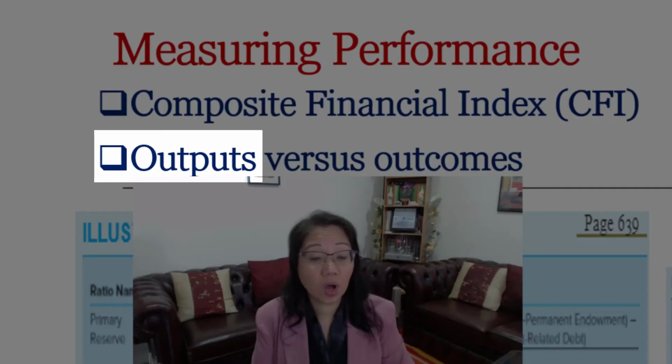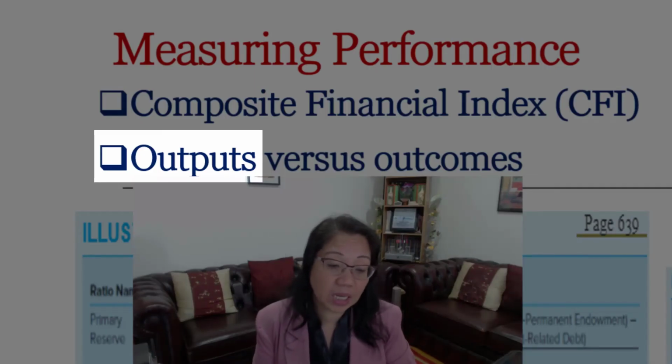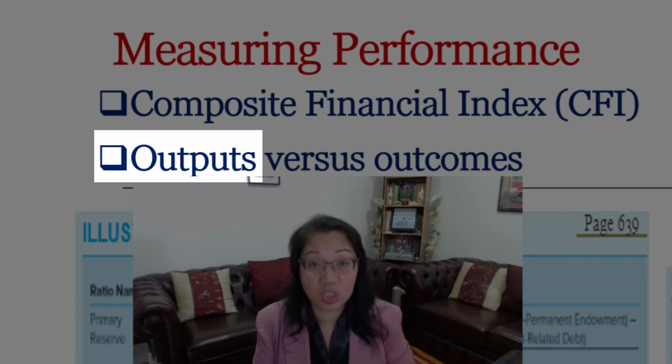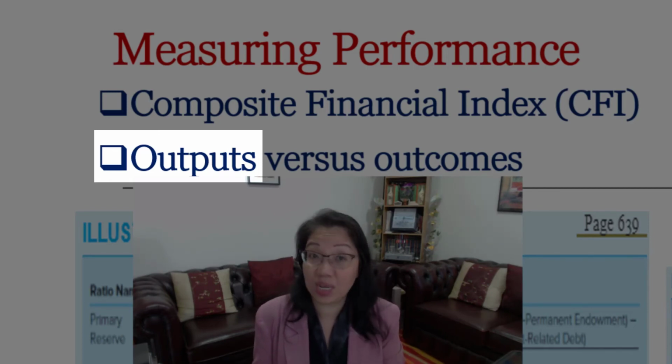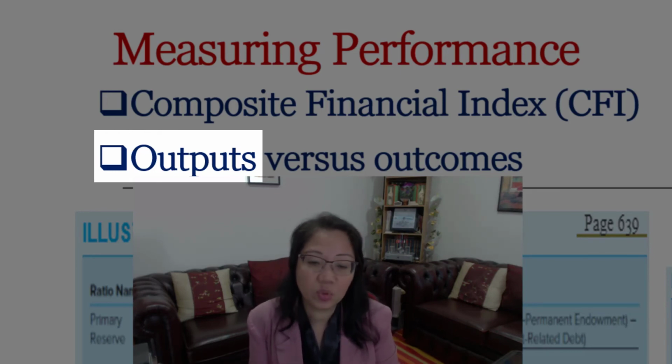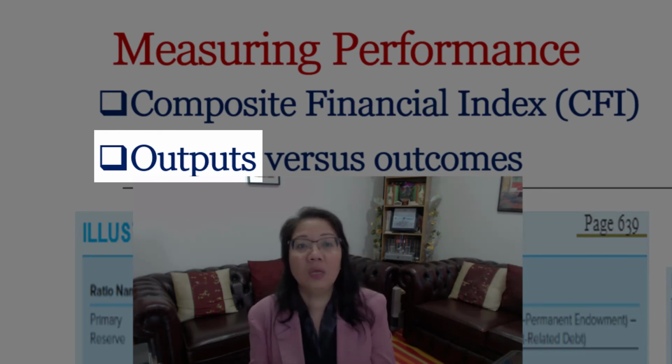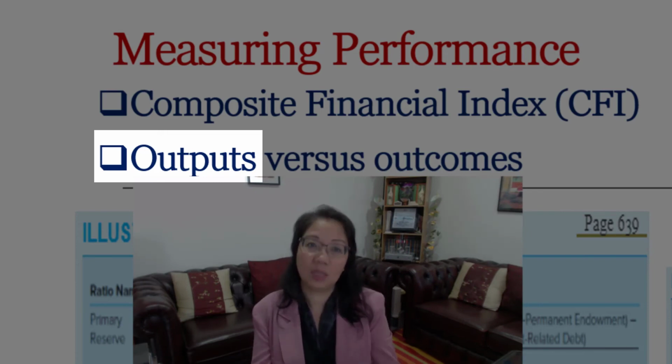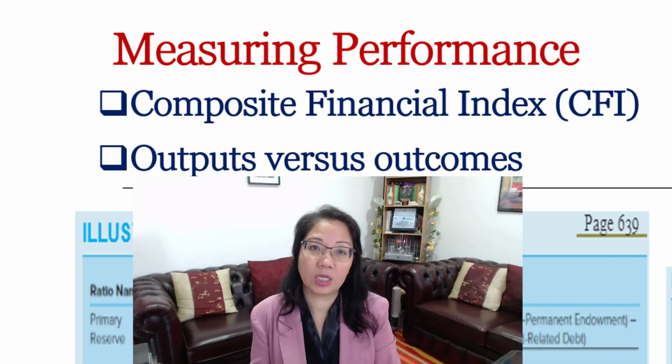Some examples of output measures might include things like graduation statistics, time to degree, that means how many years the students take to graduate, the number of graduates, as well as job placements. What percentage of students got employment after graduation, 1 year after graduation, and the like.